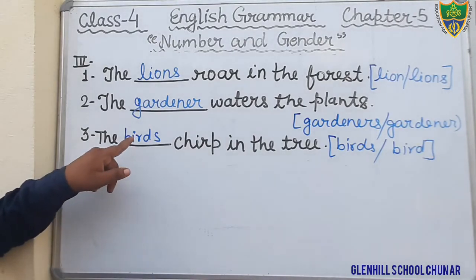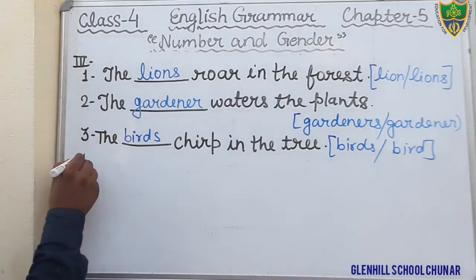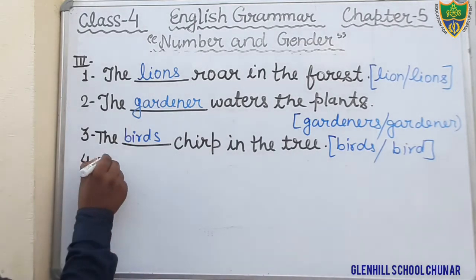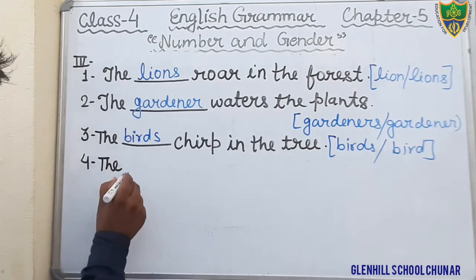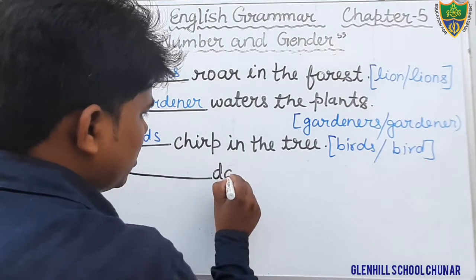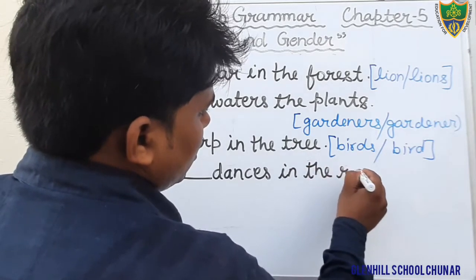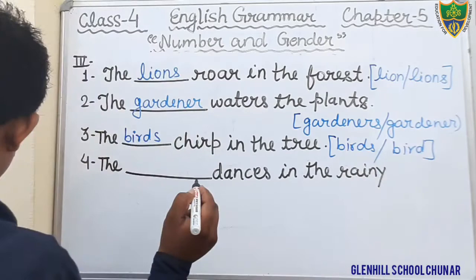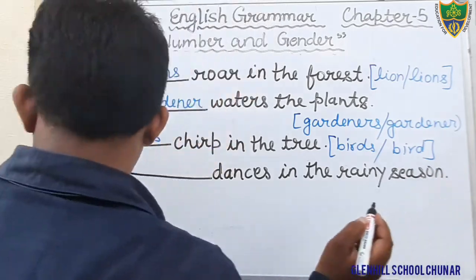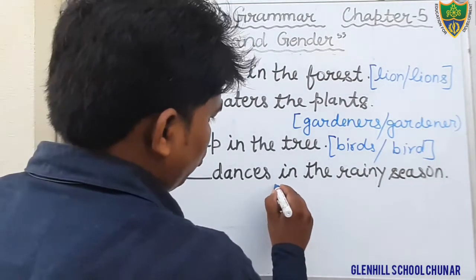So you will fill here birds. Question number 4. The blank dances in the rainy season. You have to fill peacock or peacocks. There are two options.